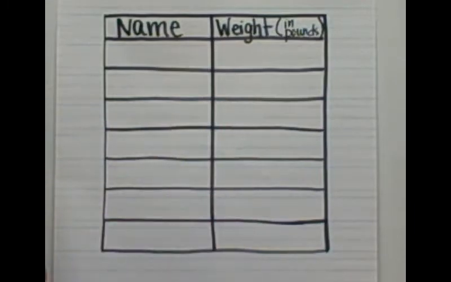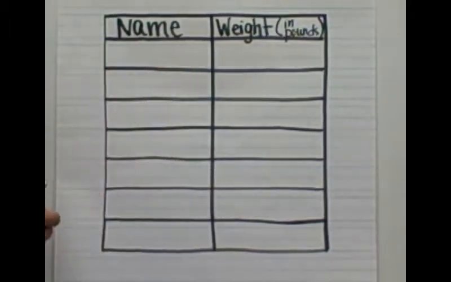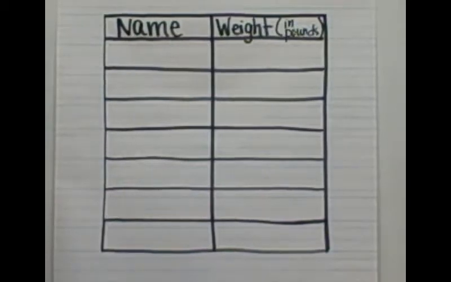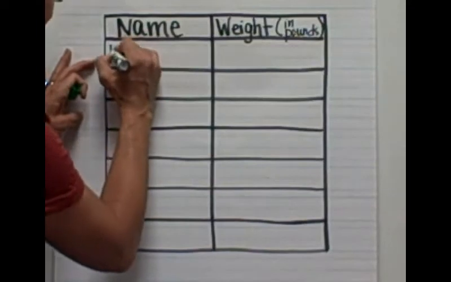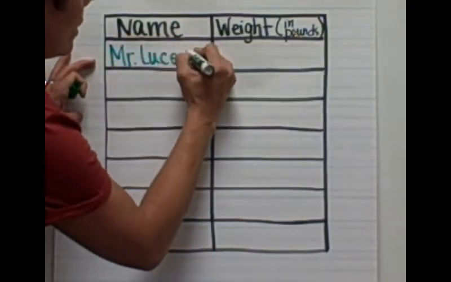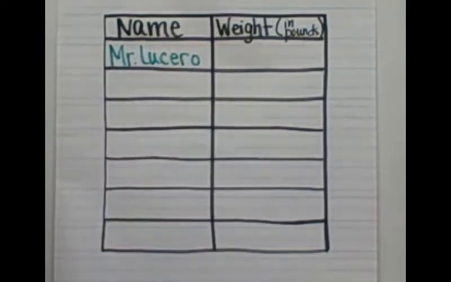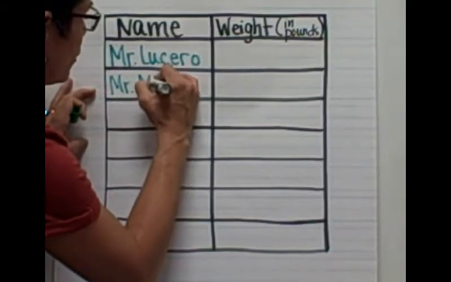Okay? All right, what we're going to do next is write in each row the name of the person who we will be weighing today. So your first name is Mr. Lucero. Our second person is Mr. Mendoza.